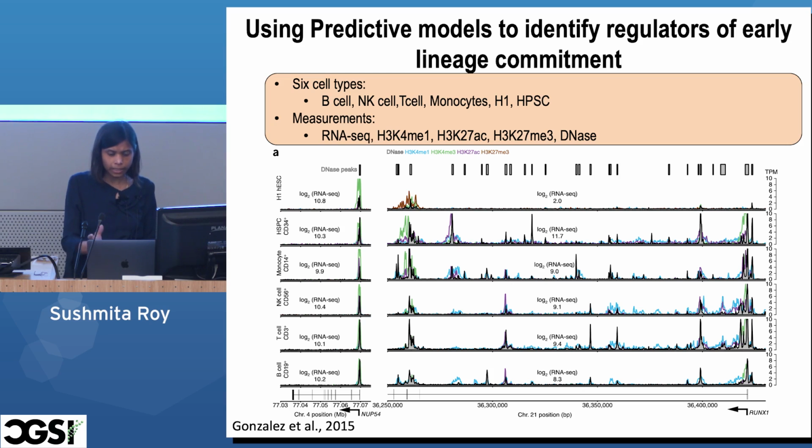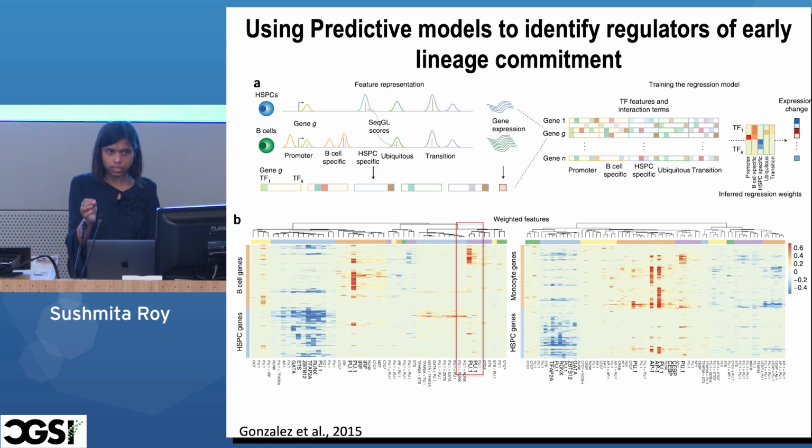And what they did was they identified differentially expressed genes between B cell and HSPC, NK cell and HSPC. So they identified what genes are differentially expressed. And then for each of the genes, they had features based on the accessibility, motif features, and the histone modifications.